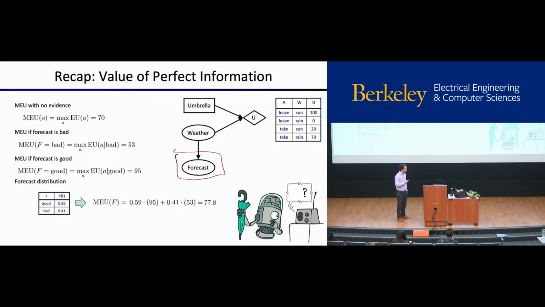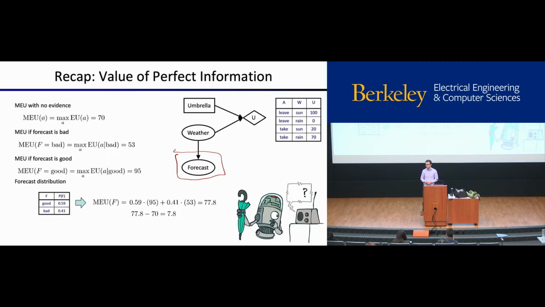And if you were thinking about this from before, we saw that with no evidence it was 70. So we can subtract one from the other, and we see that when I take this new information, I get this forecast, I open the box, I gain 7.8 units of utility. I don't know what units we would measure this in, but maybe it's dollars. Maybe we get $7.8 for our effort.